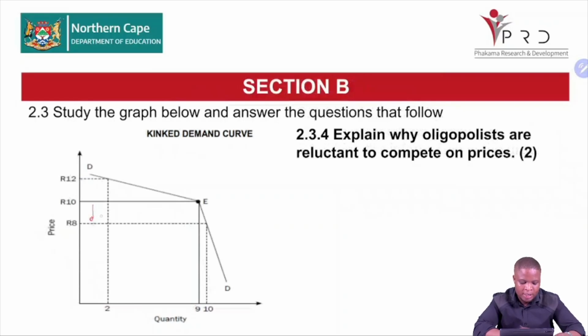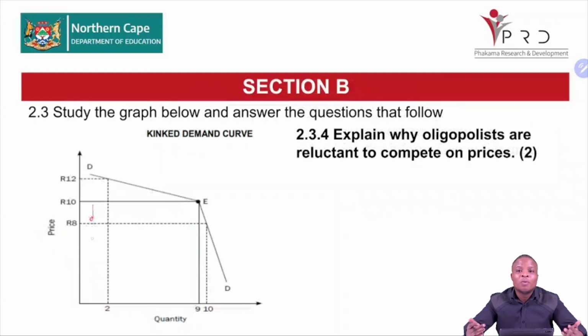You decrease your data price, 1 gig, from 10 rand to 8 rand. That is Vodacom. Then Telkom will do the same thing. They will decrease their price even further to 7 rand so that they can gain more market share. MTN is going to decrease it further to 5 rand. What is happening there? It is a price war, and it's not beneficial to any of them.